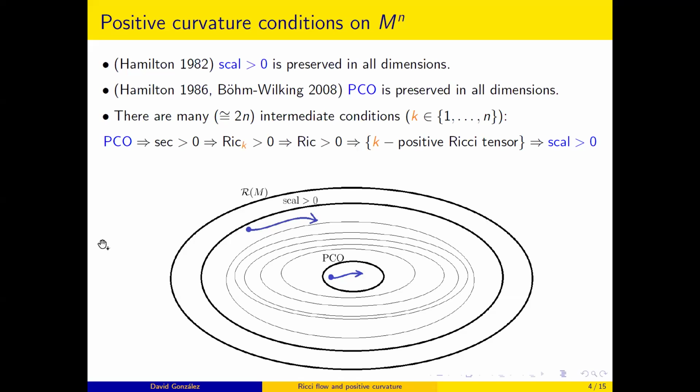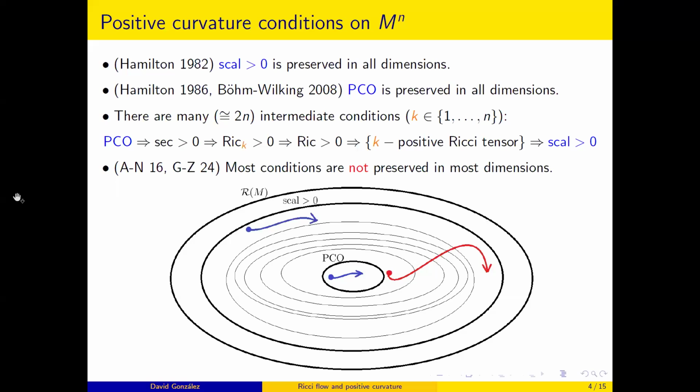Right, so it turns out that these sets are in general not preserved under the flow. There are quite some examples in infinitely many dimensions where you start with something with a lot of curvature, quite close to positive curvature operator, but you lose a lot of curvature along the flow.